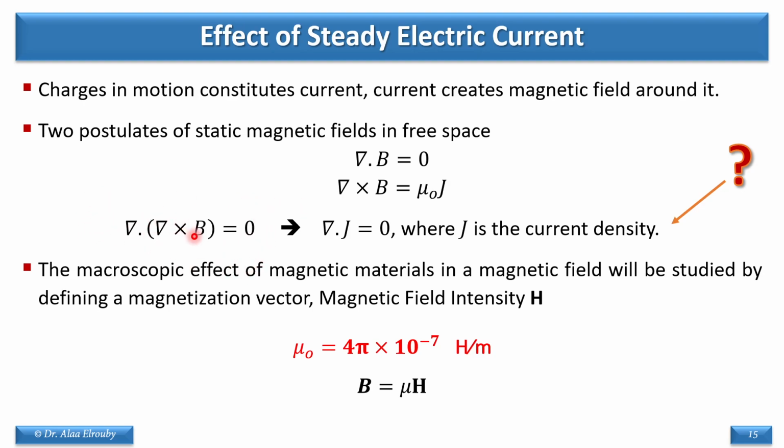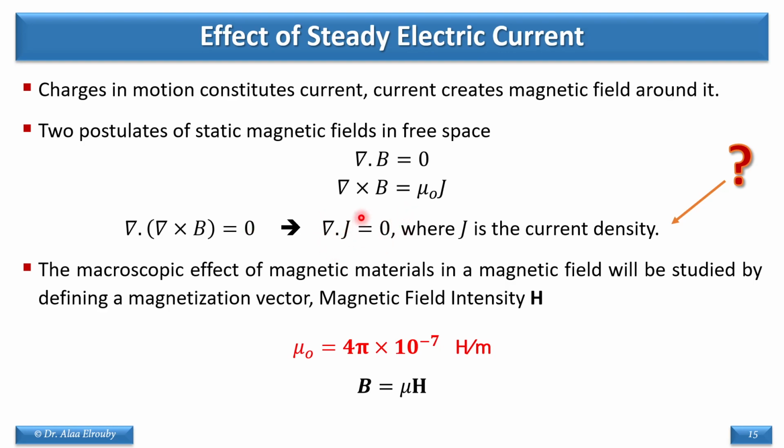For any vector, if we calculate the curl and then calculate the divergence of the curl, we will have 0. So if we take divergence of both sides, we will have divergence of curl of B equals mu naught divergence of J, and this equals 0 because of the null identity.